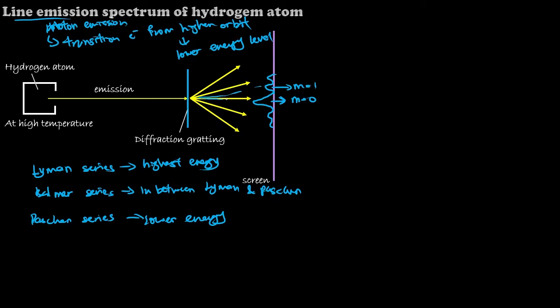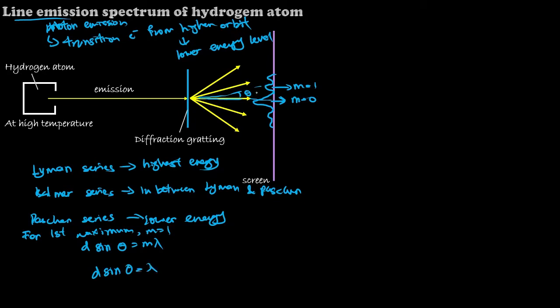To form the first maxima at this angle theta, you have the equation for constructive interference: d sin theta equals m lambda. For the first maxima, m equals 1, so d sin theta equals lambda.